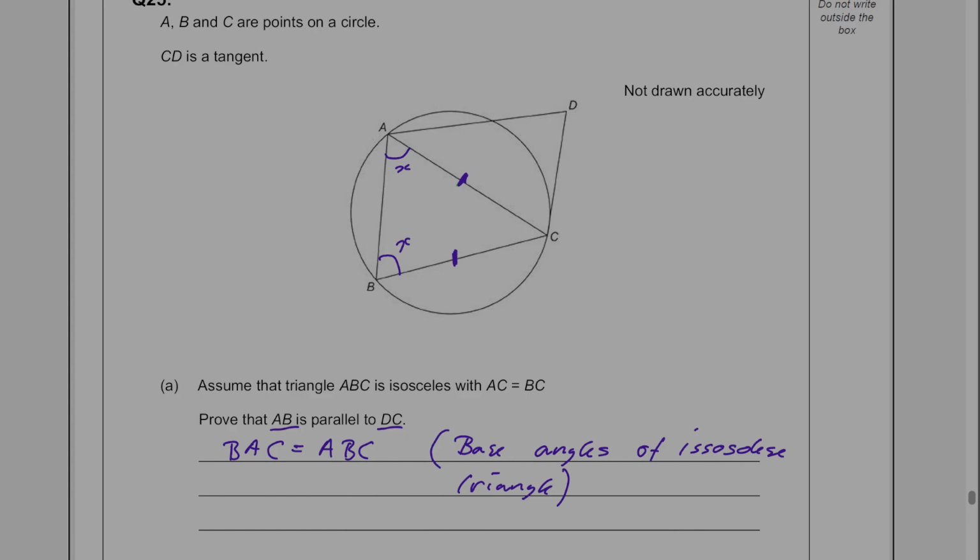Right, and then we can actually say that that angle there must be equal to X. So we can say that ACD must be equal to ABC, by the rule that I'm about to use, and that is the alternate segment theorem.